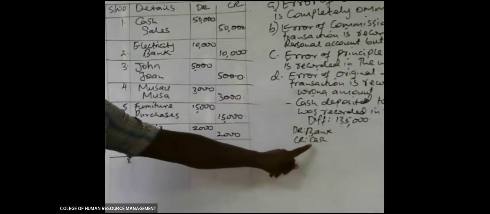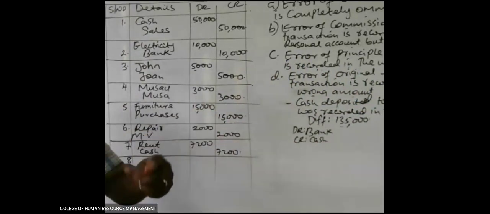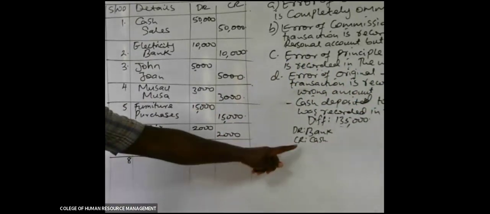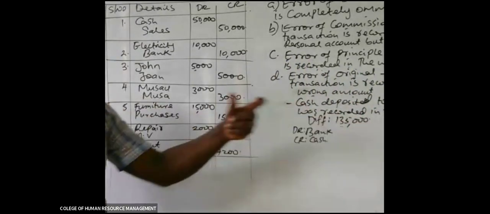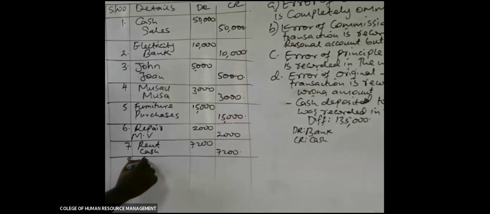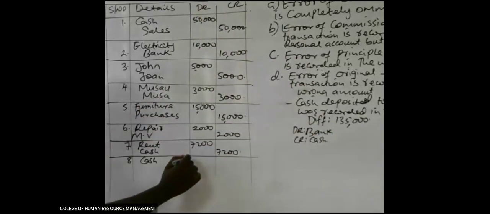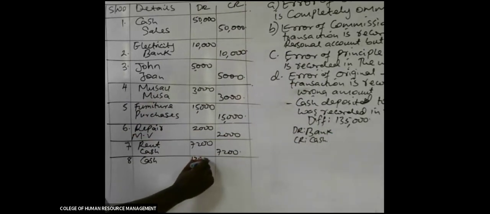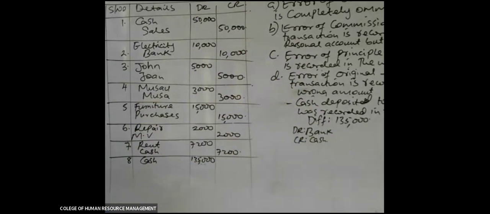I am going to reverse only the excess amount. Because I overcredited cash, I will reverse only the 135,000. It was credited, now I debit the 135,000.